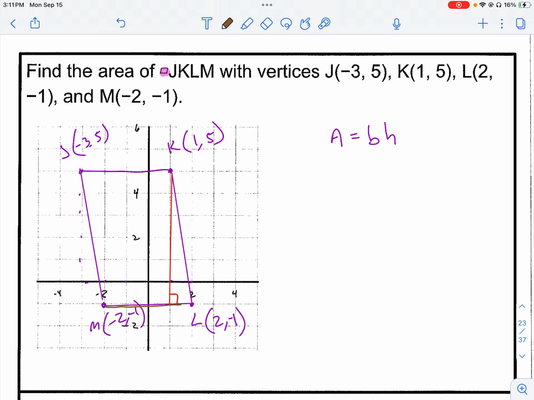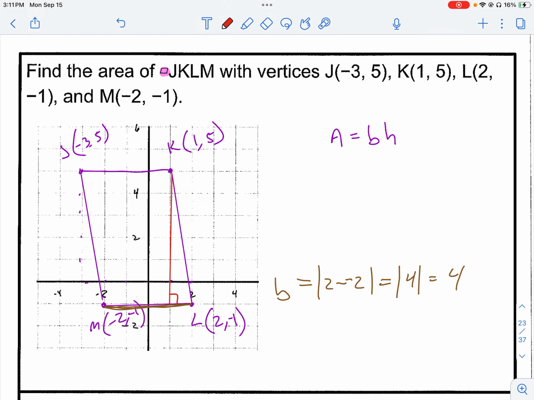That makes our base right down here all the way across. So our base is going to be the absolute value of x2 minus x1. So 2 minus a -2 is 4, and the absolute value of 4 is 4.